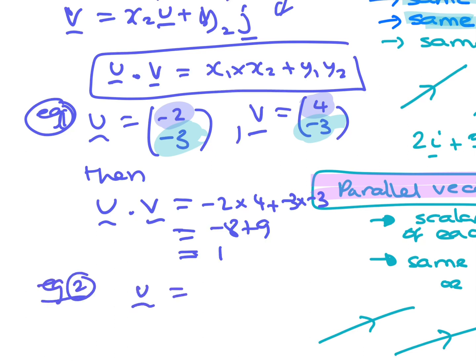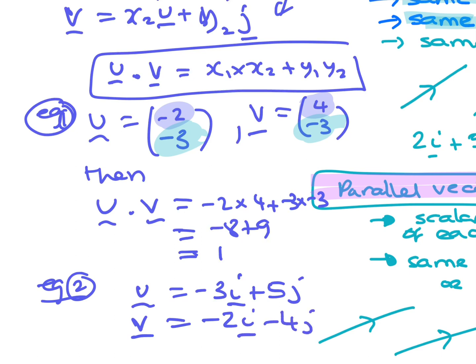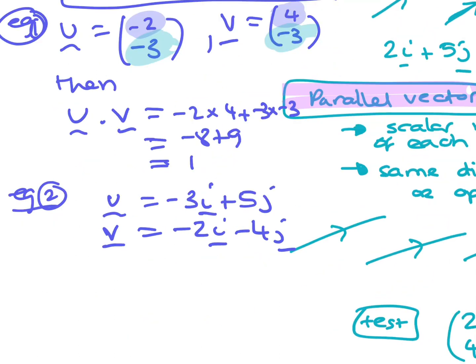So let's go u equals minus 3i plus 5j and v equals minus 2i minus 4j. Sorry, let's take that back. We want the dot product.